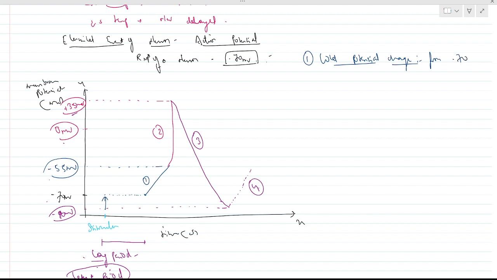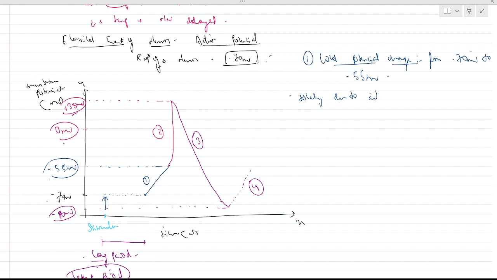This changes from minus 70 millivolt, obviously the resting membrane potential, to minus 55 millivolt. This first phase is solely due to a decrease in negativity.